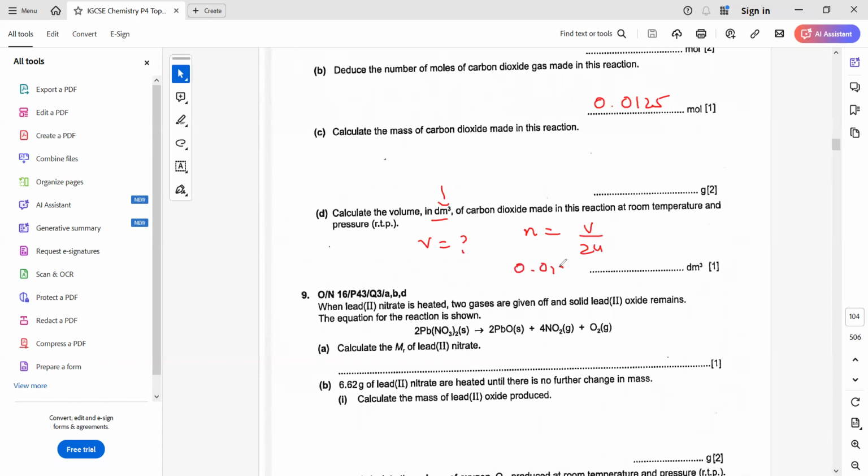The number of moles of carbon dioxide was 0.0125, and the molar volume is 24. We just have to multiply it. So volume comes out to be 0.3 liters. Is this understood? Yes, sir.